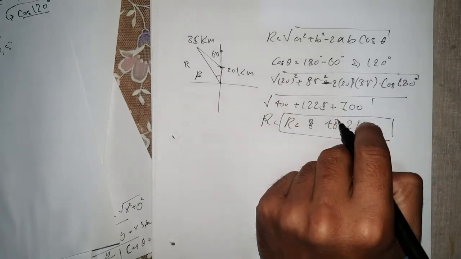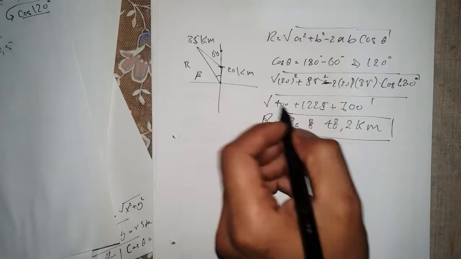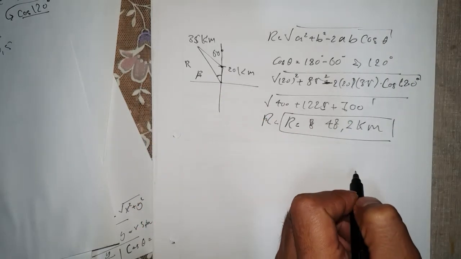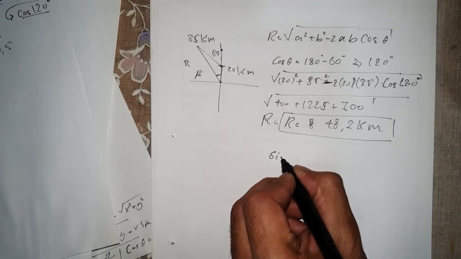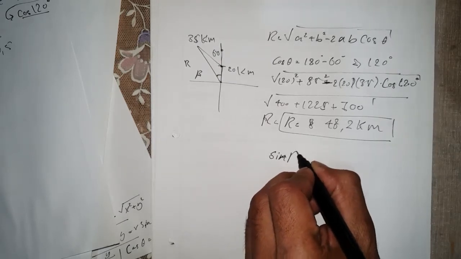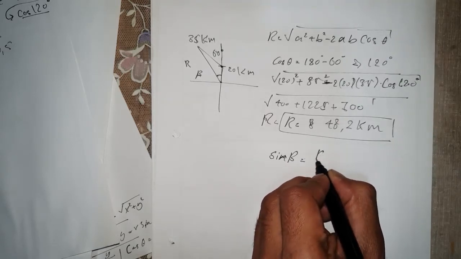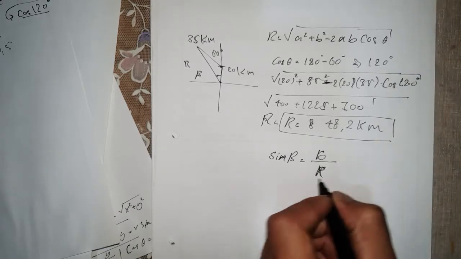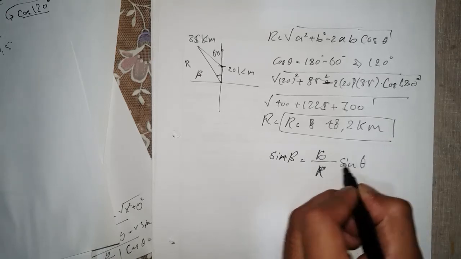To find the angle, that means beta, we will use the law of sine. Sine of beta is equal to b divided by r times sine of theta.